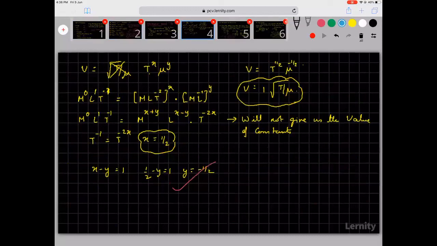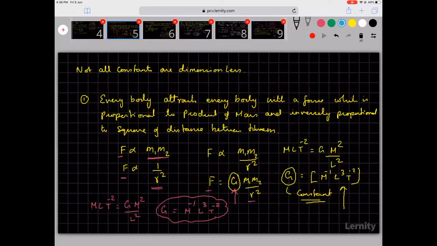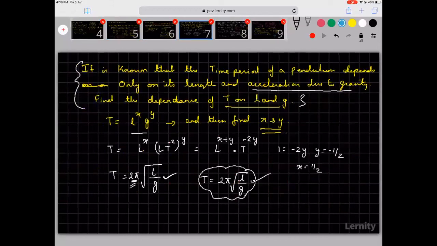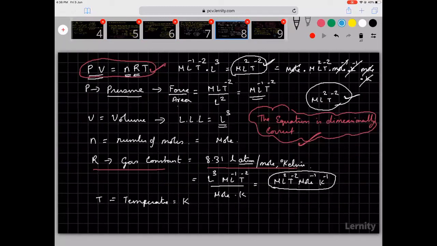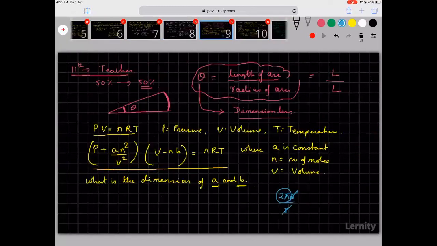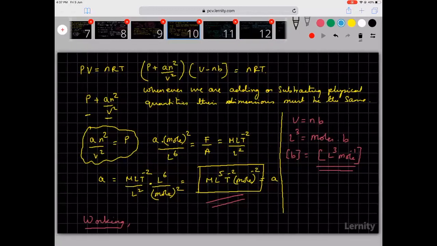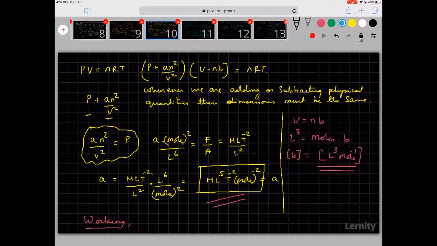Fourth slide, fifth slide, sixth, seventh, eighth, ninth, 10, 11.